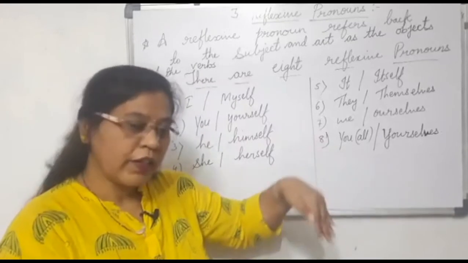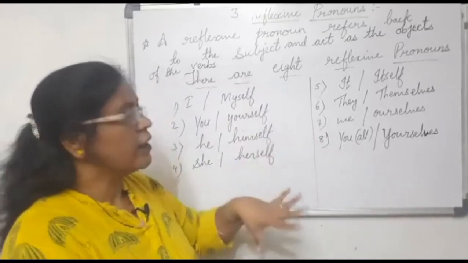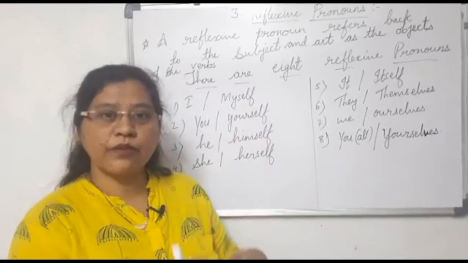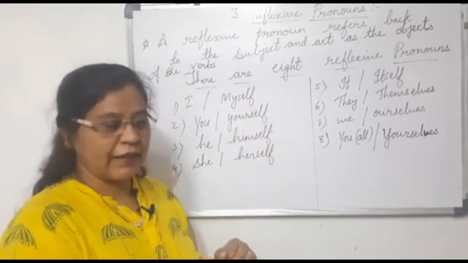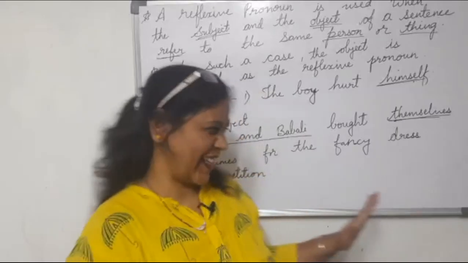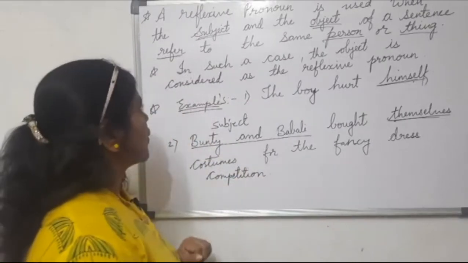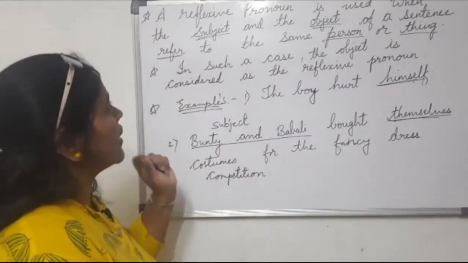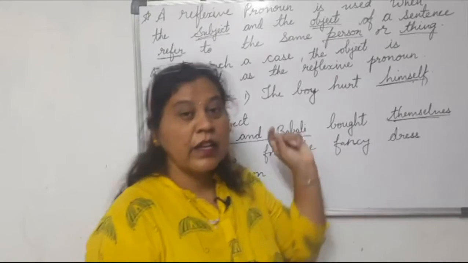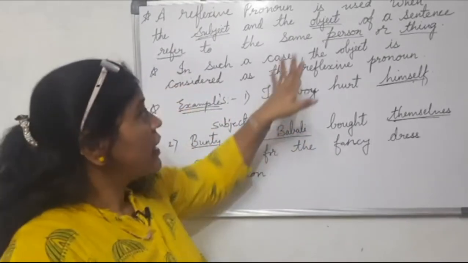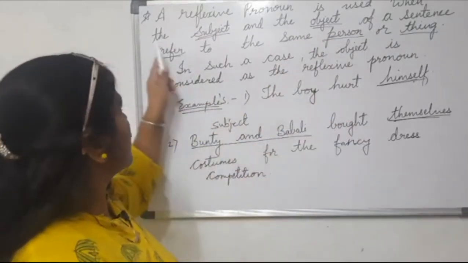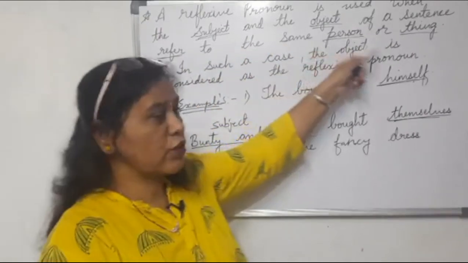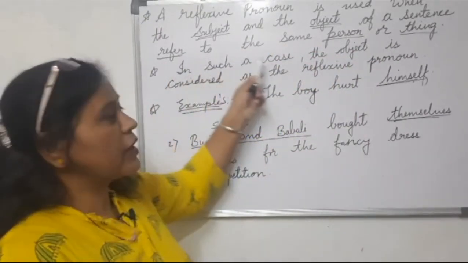Now we'll go a little deeper into the reflexive pronoun. We learn with some examples. A reflexive pronoun is a word used when the subject and the object of a sentence refer to the same person.